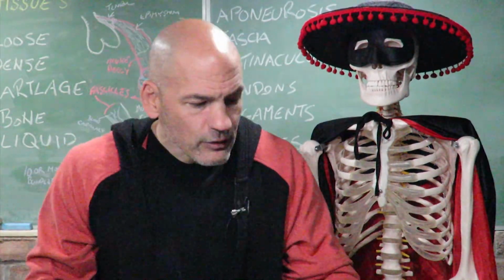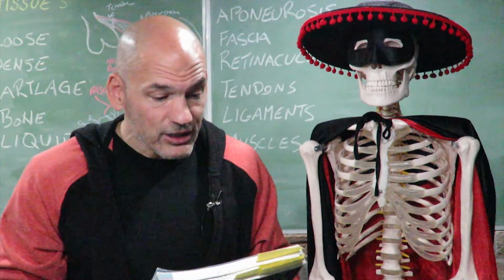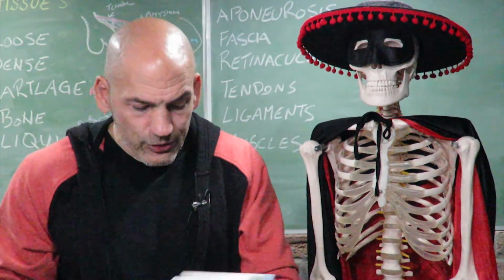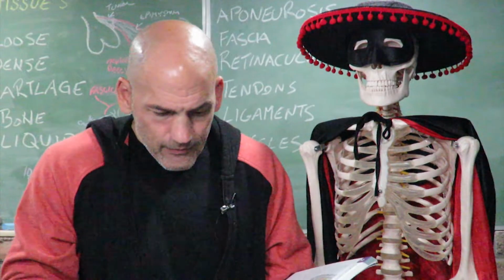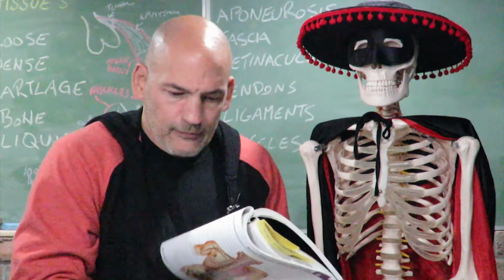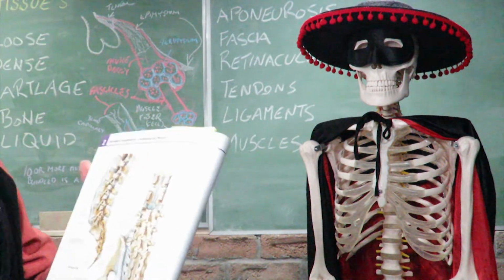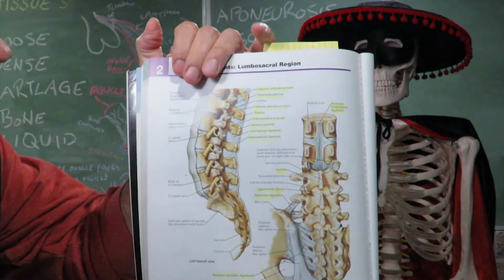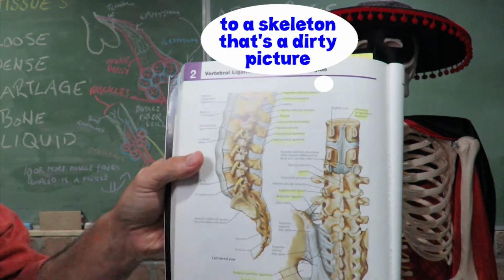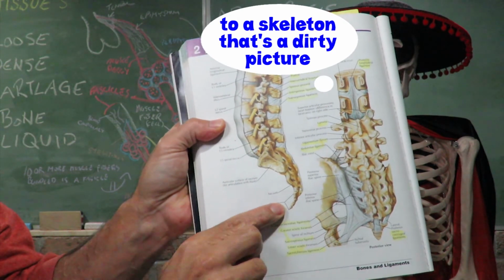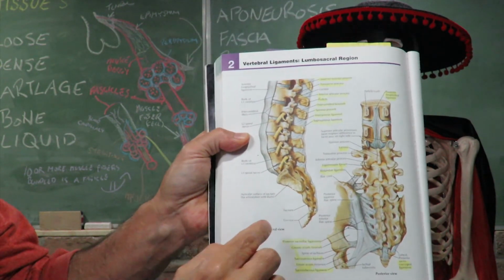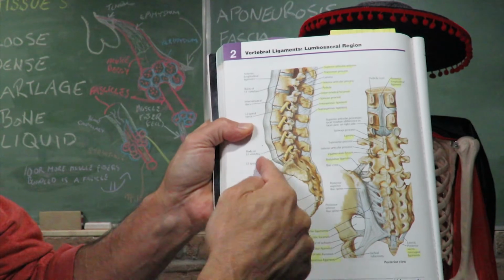And I will actually show you a picture. Again, we're going to go back to the Atlas of Human Anatomy, 4th edition, the anterior longitudinal ligament. So here is an image of the spine. Actually, it's just the lumbar spine and the sacrum and coccyx. This would be the anterior portion of the spine.